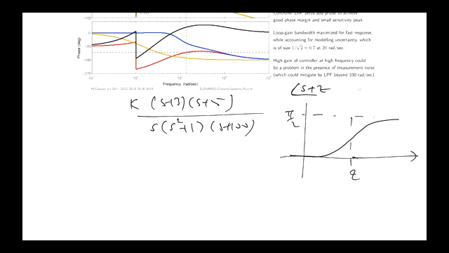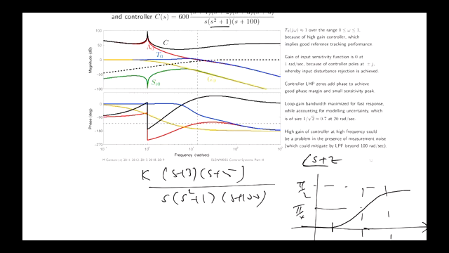That's Z, that's 0.1Z, that's 10Z, that's pi over 4, right? So having a 0 gives you positive phase. It pushes the phase up, all right? And we're using it in this case to ensure that at the crossover frequency, we have a phase that is above minus 180.